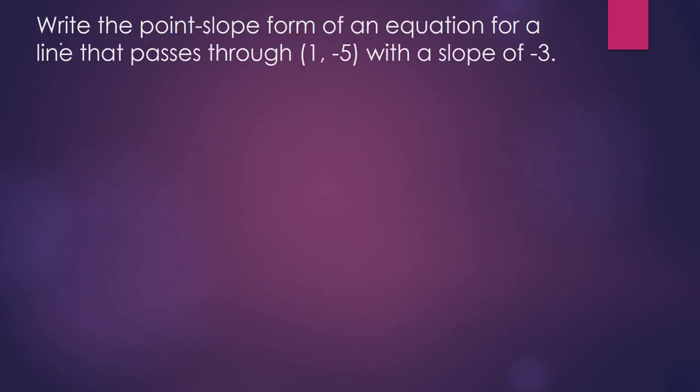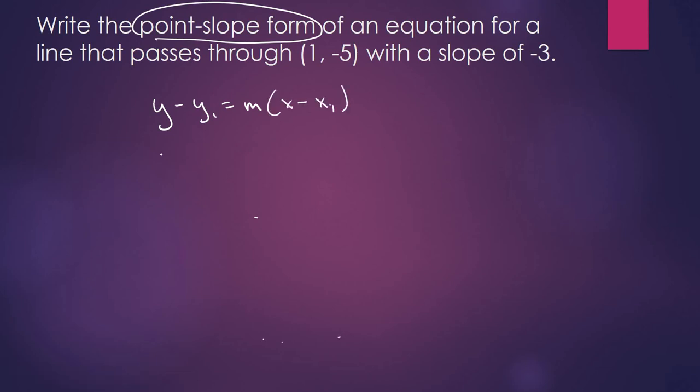Okay? So let's do one. Write the point-slope form of an equation for a line that passes through 1, negative 5 with a slope of negative 3. So we're going to use our model because they want point-slope form. And I'm just going to substitute my values.